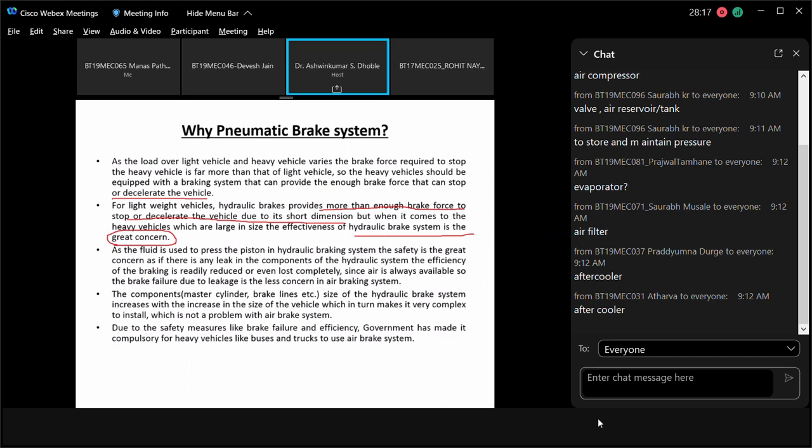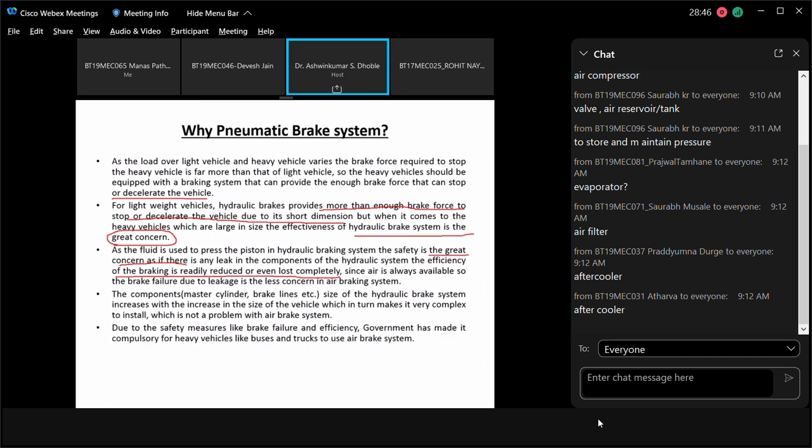As fluid is used to press the piston in a hydraulic braking system, safety is also a great concern. If there is any leak in the components of the hydraulic system, the efficiency of braking is readily reduced or even lost completely. Please note that in a hydraulic system you cannot top up immediately; you have to mechanically fill the hydraulic fluid.